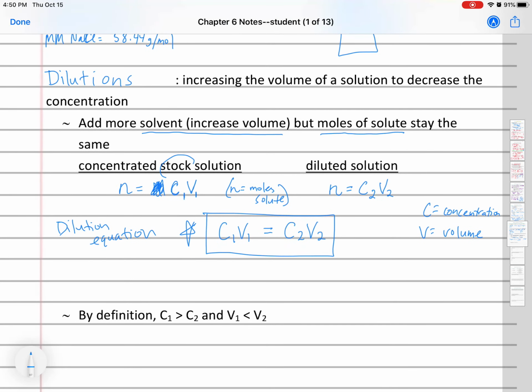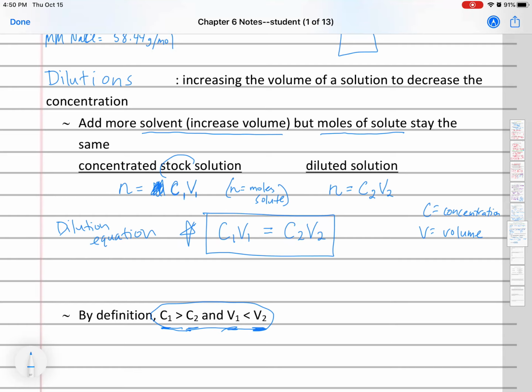By definition, the stock solution, the initial concentration, is going to be greater than the final concentration. When you're doing a dilution, you're reducing the concentration. Also, by definition, you're increasing the volume. So the second volume, the final volume, is going to be higher than the initial volume. And these are things to remember when you are mapping out these word problems.